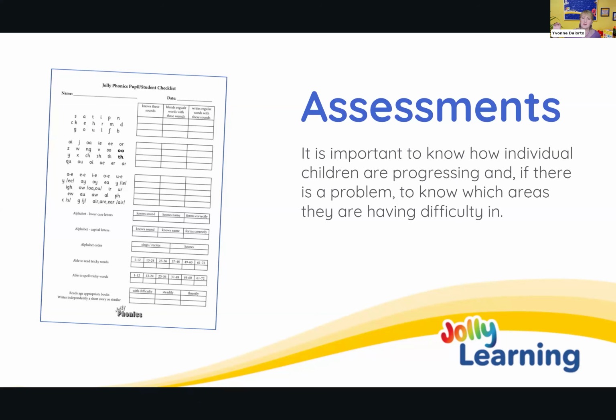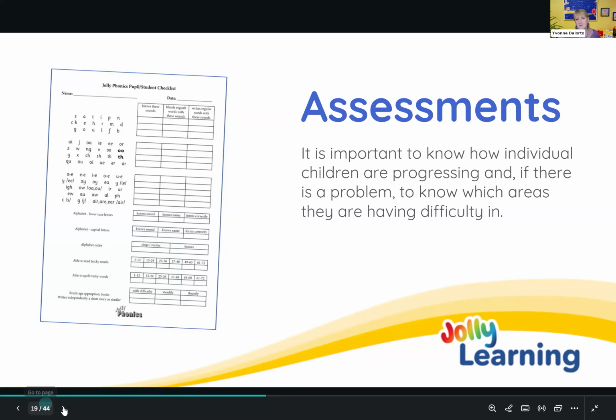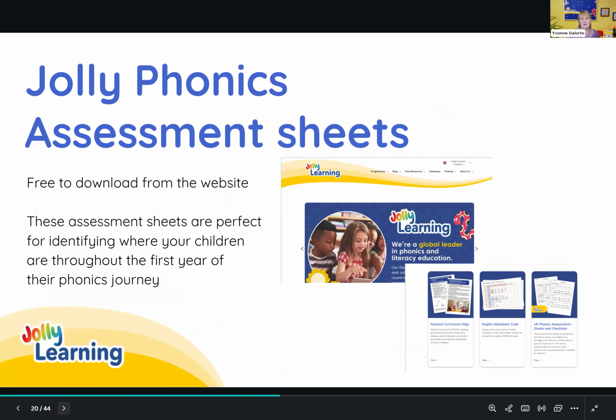Remember that using the flashcards that are in groups, you're always revising something that they have learned before. There is always a way to bring the child to their present lesson, but also that you can revise something that they have done in the past. So the assessment sheets are available, as you can see here on the website. You can download them, but also there are other things that you can use.